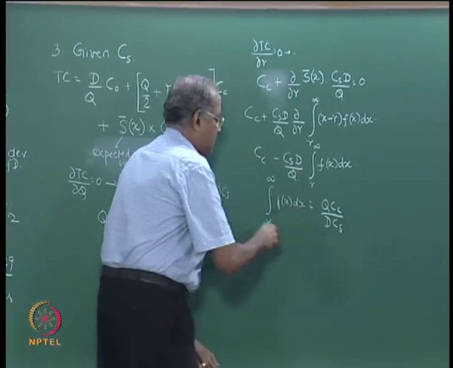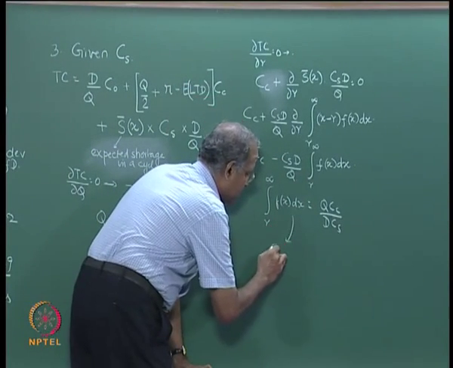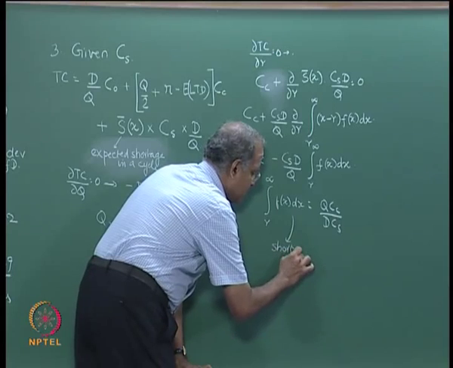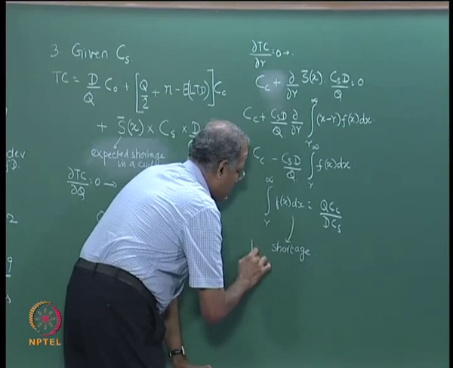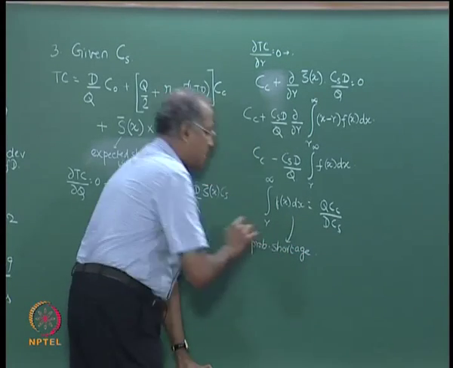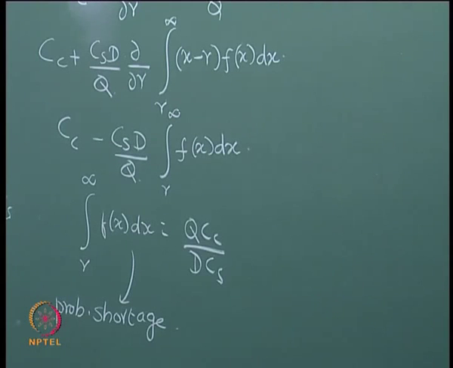Now this represents the probability of shortage, which is given by QCc divided by DCs.